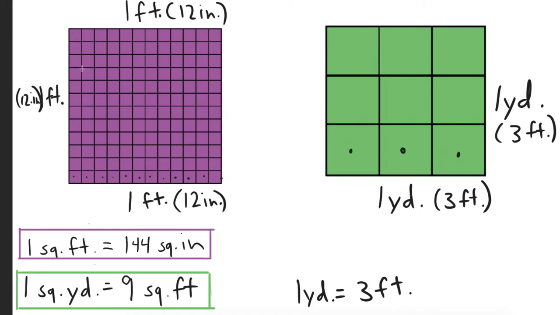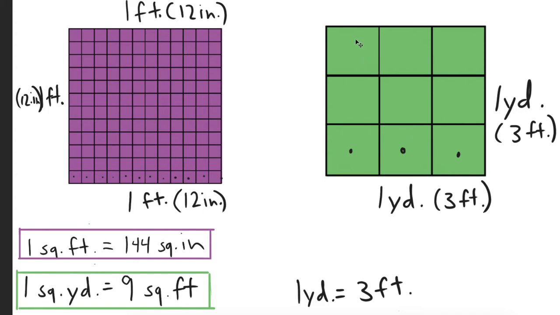This is true because here's my 1 square foot. If I change it into inches, it'll be 12 inches by 12 inches, right? And 12 times 12 equals 144. And you can see all of these 144 squares just to show you that that's true, okay? That 1 square foot is the same as 144 square inches.